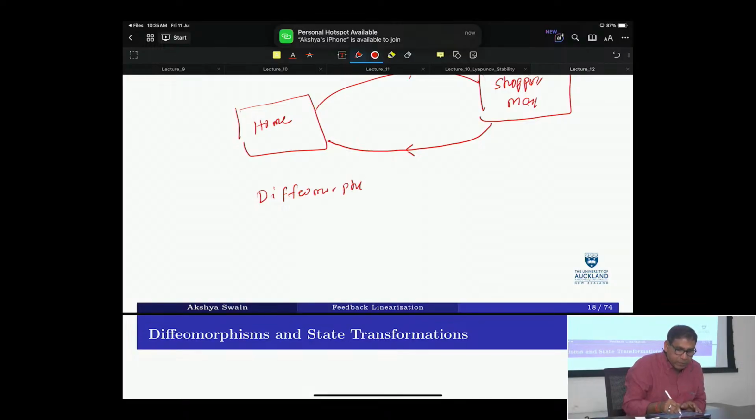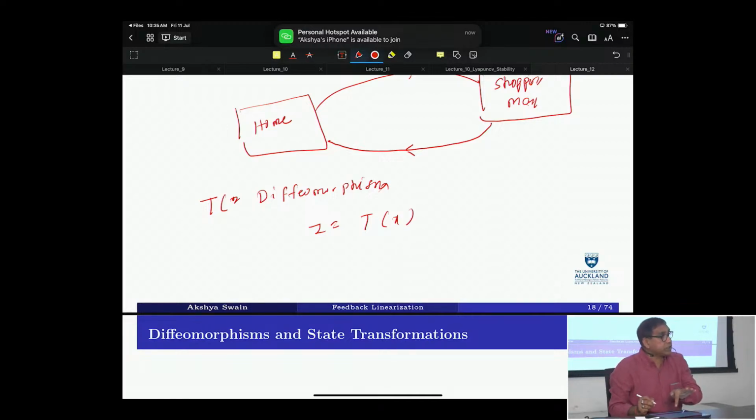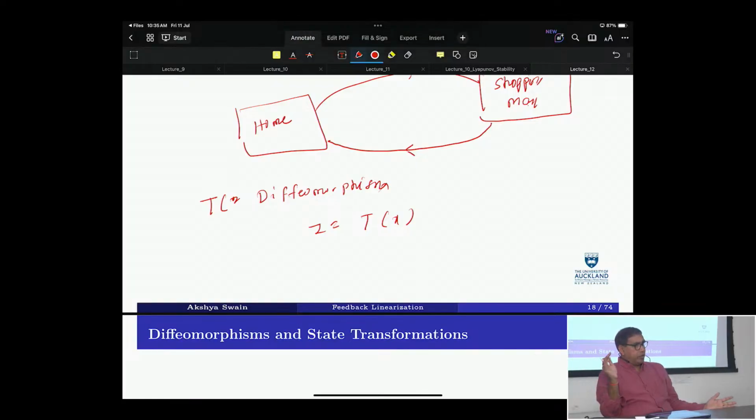You use a diffeomorphism T, so z is equal to T(x). Transform x to z, where T is a diffeomorphism. What is a diffeomorphism? Its inverse exists. Because T may not be a standard matrix which you are talking about. The concept is the same. So anytime you do the transformation, it must have an inverse.